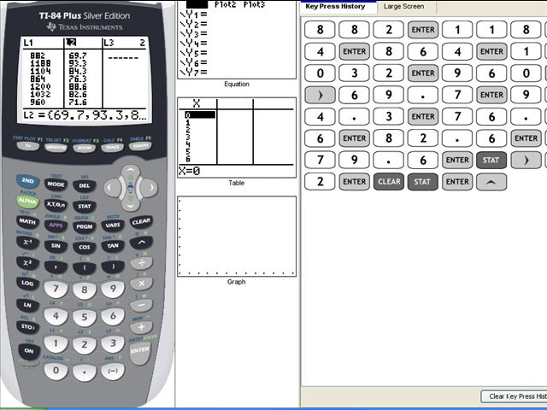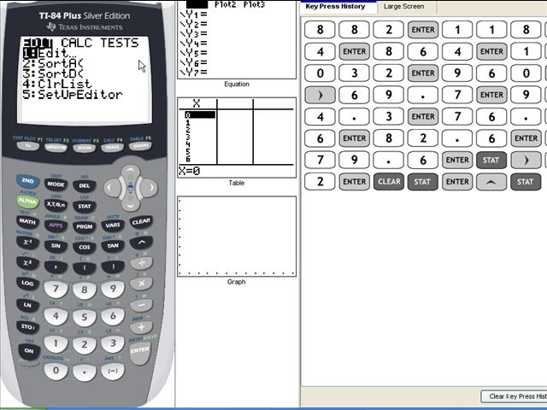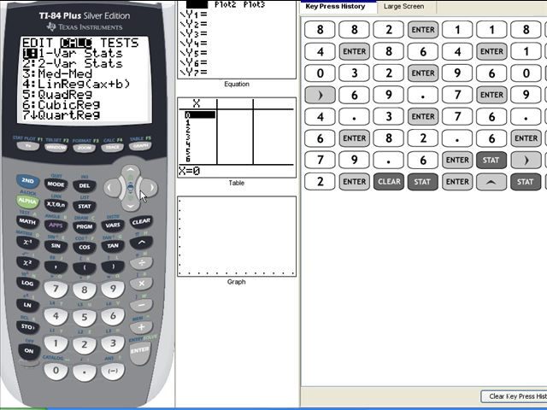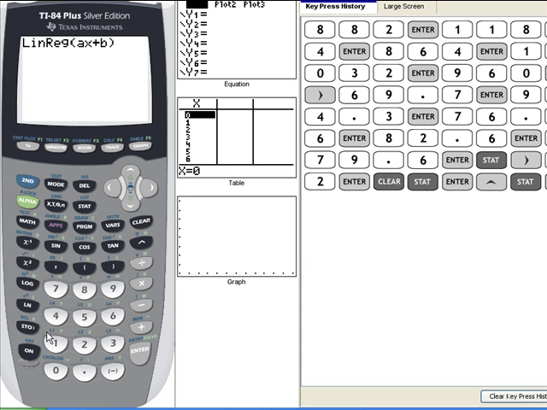So the number of chirps per minute and the temperature in degrees Fahrenheit are in L1 and L2. Now what we want to do, we know from the previous time, is go to calc, and I want regression, linear regression. And notice the calculator uses ax plus b. So in the case of the calculator, the slope is a and the y-intercept is b. So instead of an m like we used in algebra, it's using an a, and also, again, different from what our textbook uses.